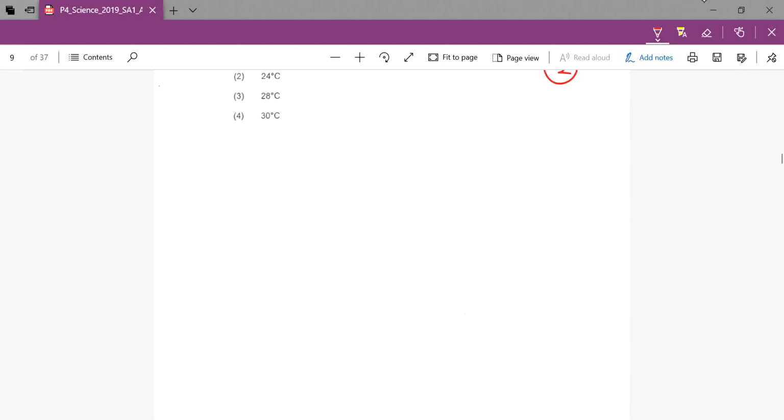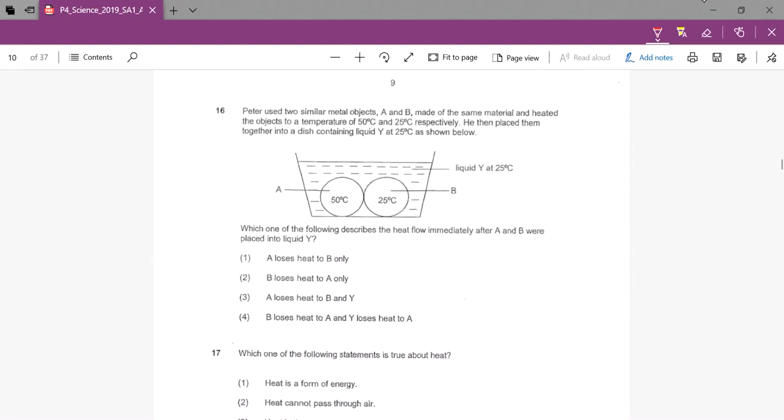Option 2. Next one. Peter used 2 similar metal objects, A and B, made of the same material, and heated the objects to a temperature of 50 degrees Celsius and 25 degrees Celsius respectively. He then placed them together into a dish containing liquid Y at 25 degrees as shown below. So, which one of the following describes the heat flow immediately after A and B were placed into liquid Y?